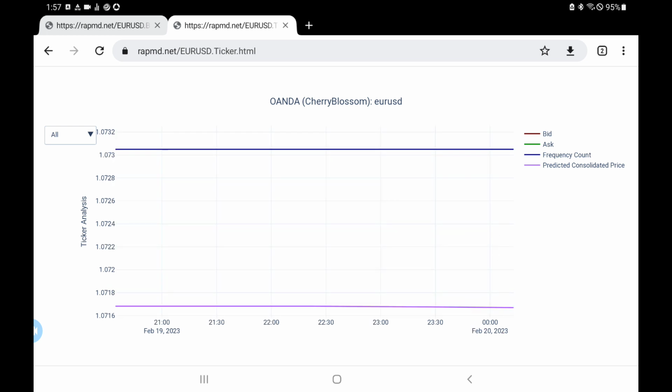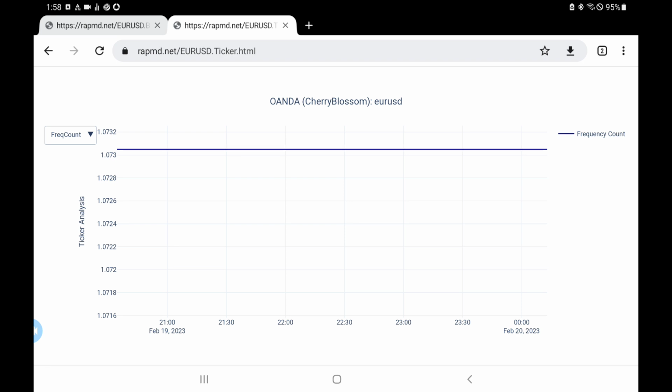The frequency count, that is every single time a price is encountered in the market, the bot counts that frequency. It keeps track of exactly where that price is.